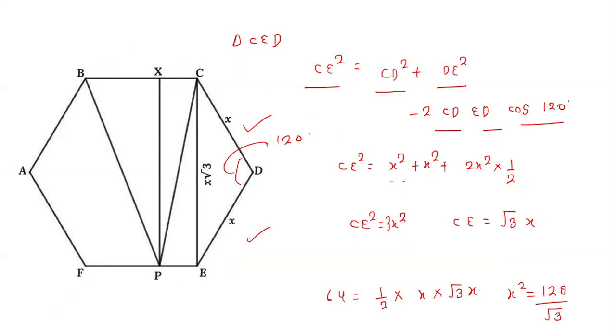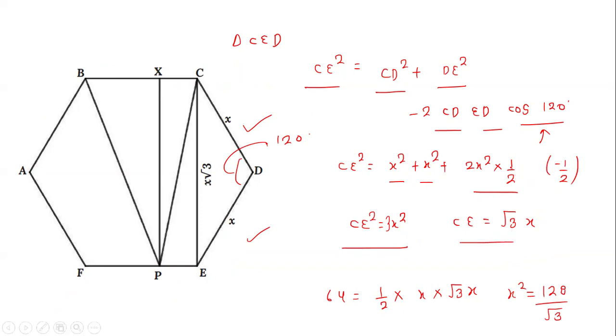We can put CD as x, DE as x, so this will become x square plus x square, and here cos of 120 is minus half, so after simplifying it becomes 2x square multiplied by half. So CE square is equal to 3 times x square, and from here you can find out the value of CE is root 3 times x.